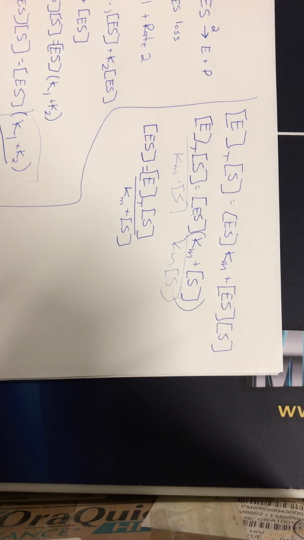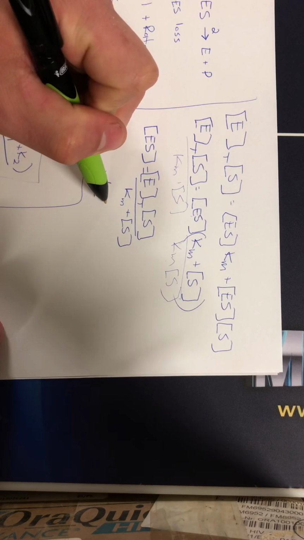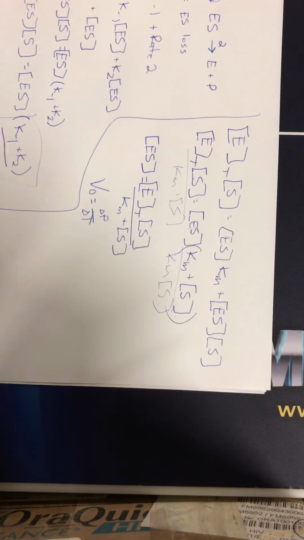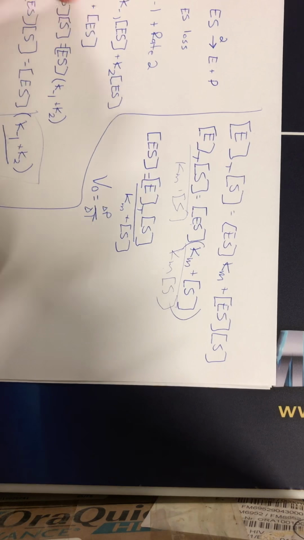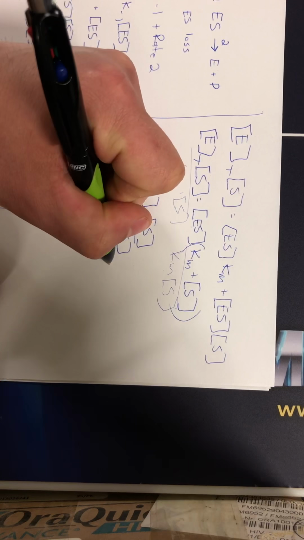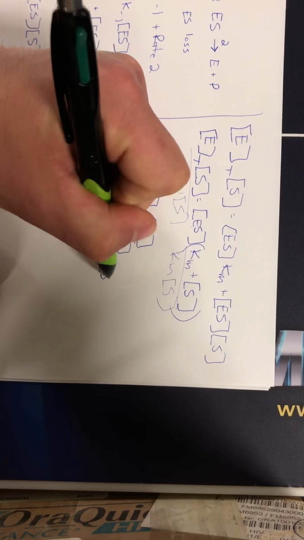Alright, so we know that VO is equal to the rate of formation of our product. So VO, which is the rate of our product. And then we also know that that is equal to K2 ES, rate 2 times enzyme substrate.